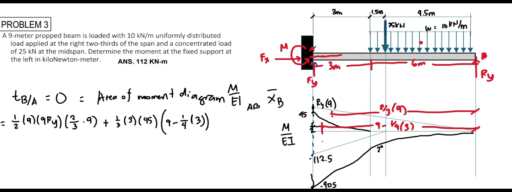Now for the triangular shape on the bottom, that is an area equal to 1/2 times a base of 4.5 meters times a height of negative 112.5, with a moment arm distance equal to 9 meters minus 1/3 of the base of 4.5.